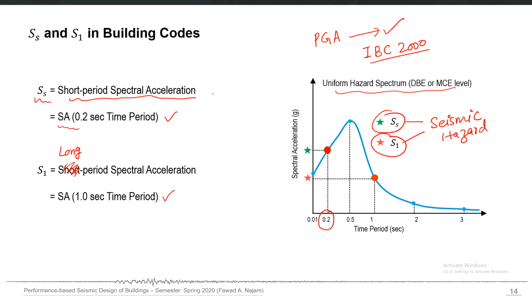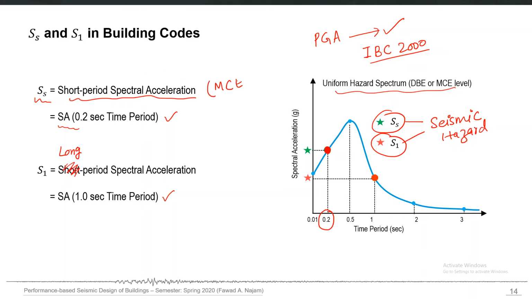So the earthquake forces, the base shear and the effective earthquake forces, are now calculated as a function of the SS and S1 and not as a function of PGA or the zone which is defined based on PGA. So in different building codes they are defined at MCE level.